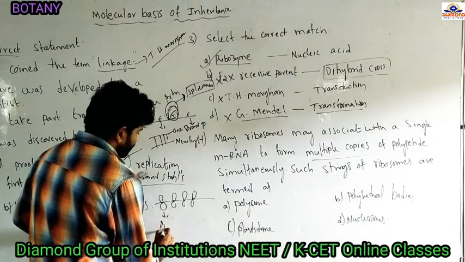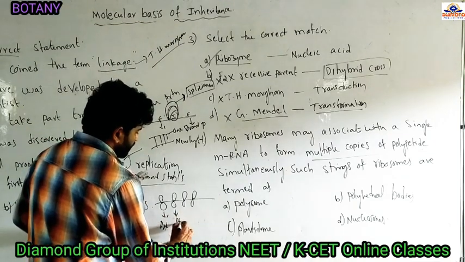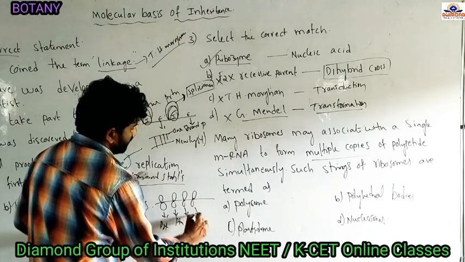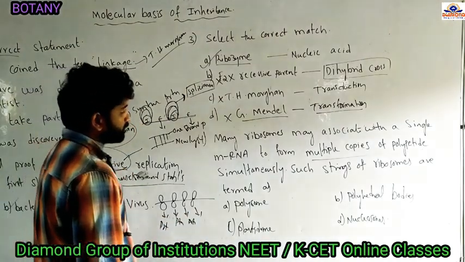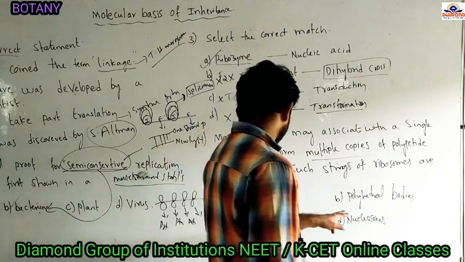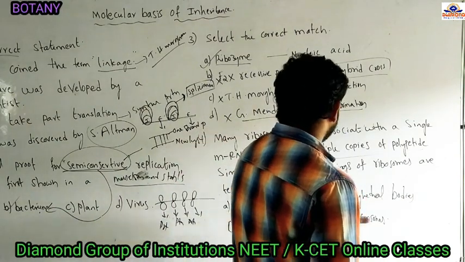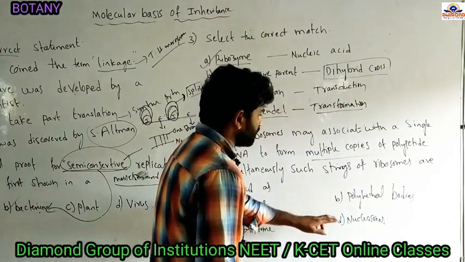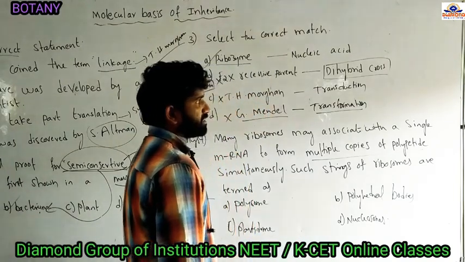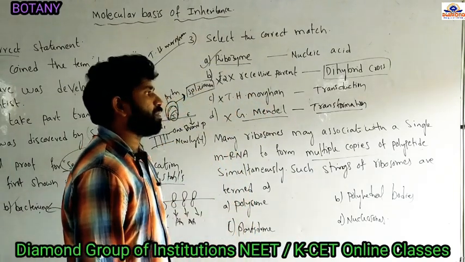A polypeptide chain is a protein, so simultaneous synthesis of protein takes place. The options are polysome, polyhedral bodies, plastidome, nucleosomes.